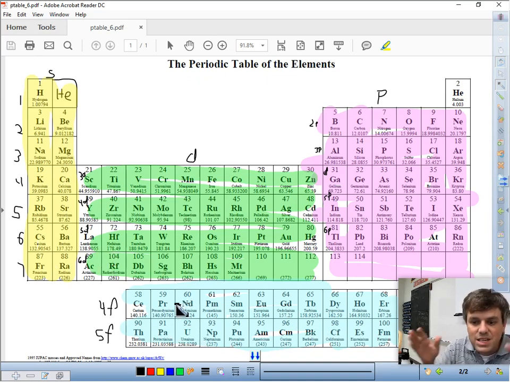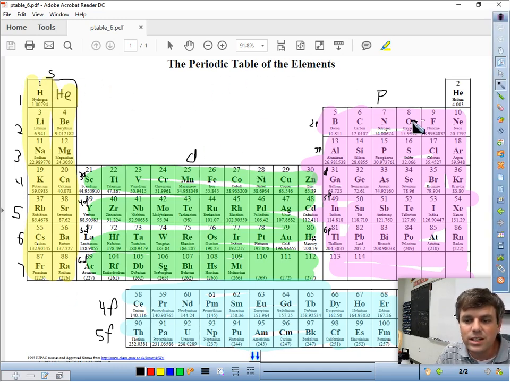We pull them down to the bottom because otherwise the periodic table would be twice as wide as it is now. And so they're kind of pulled to the bottom just to make sure you're able to fit the periodic table on a piece of paper.